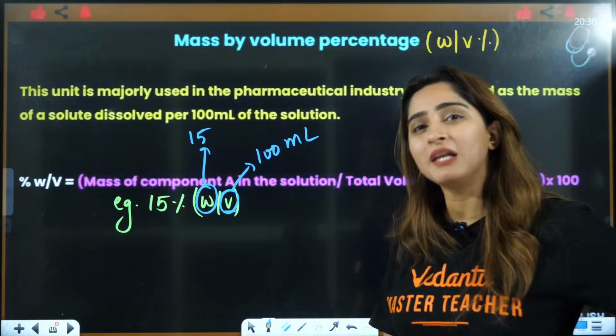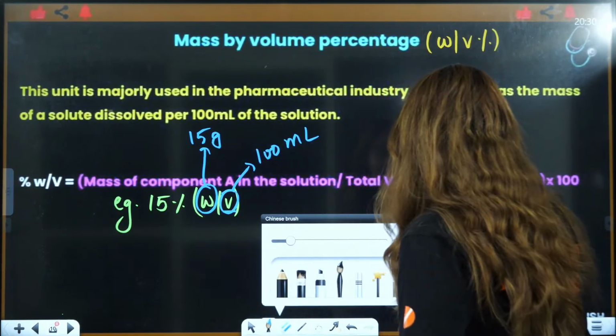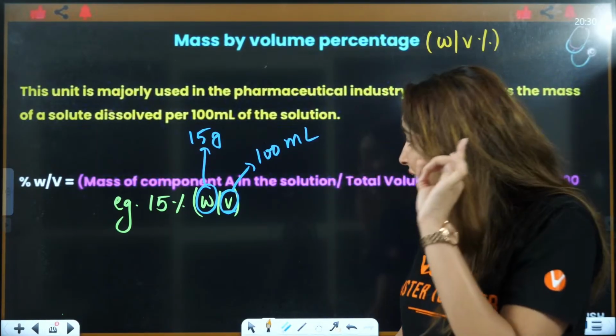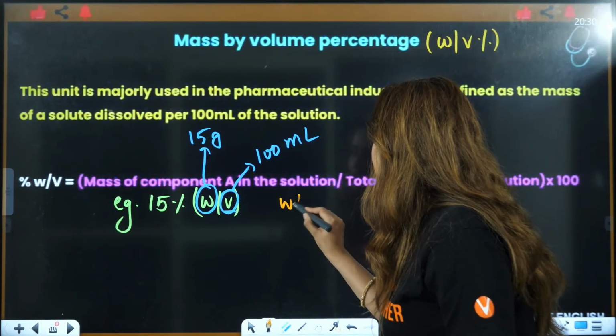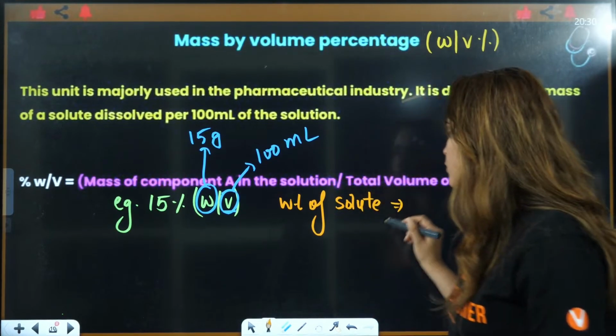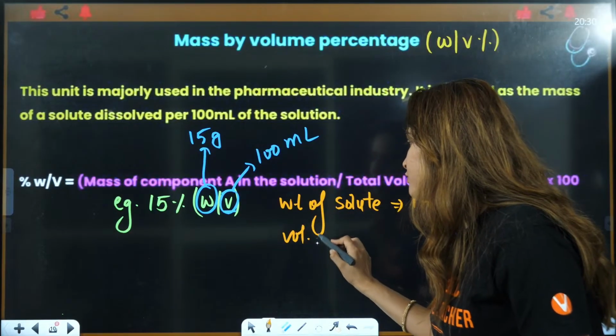But is this in milliliter? No, this is weight, so it will be in gram. So they are saying 15 gram of solute in 100 milliliter of solution. That means weight of solute is 15 gram and volume of solution is 100 milliliter.